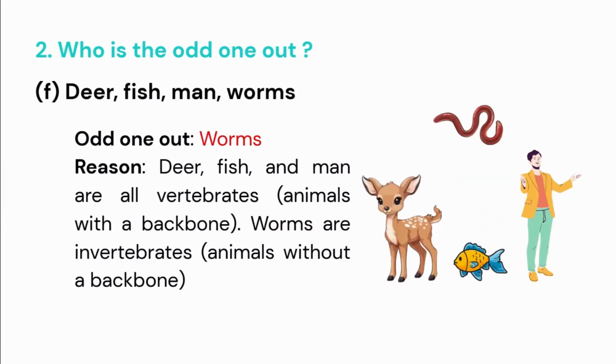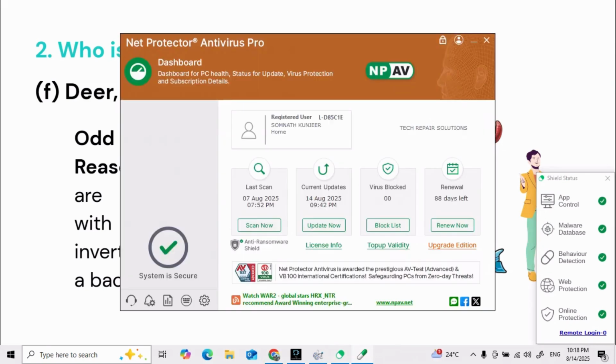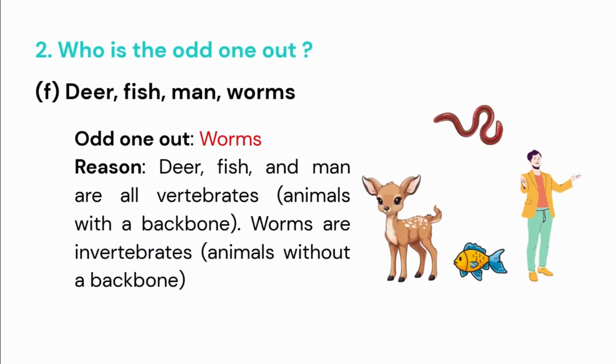Next question is on animal groups. They have given the group deer, fish, man, and worms. The odd one out is worms.